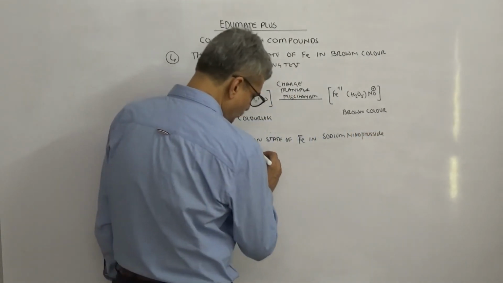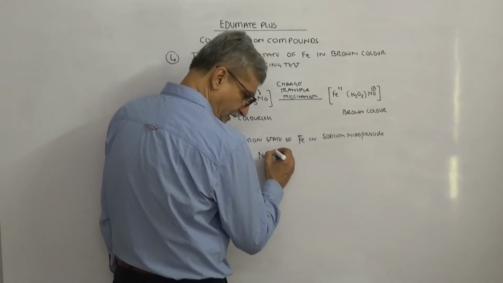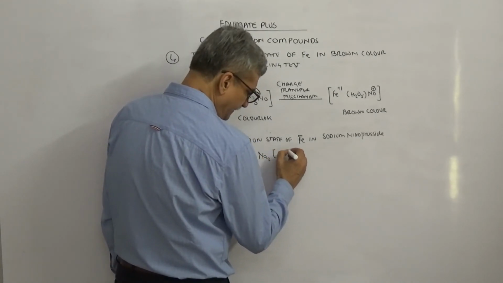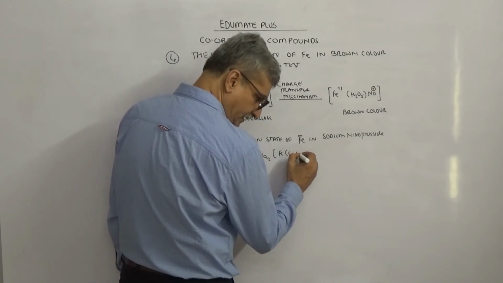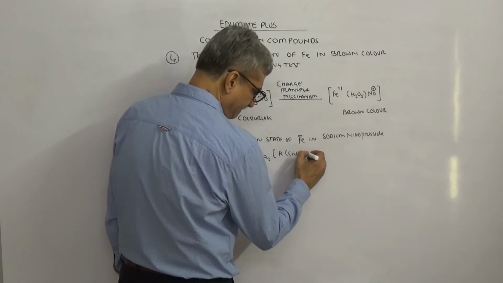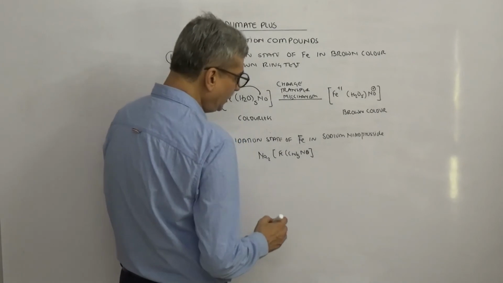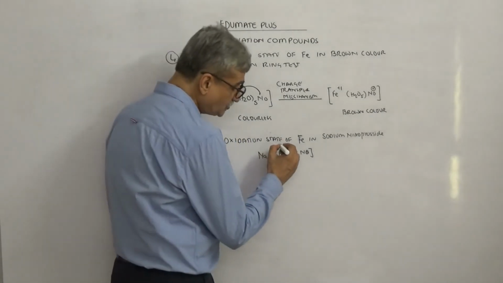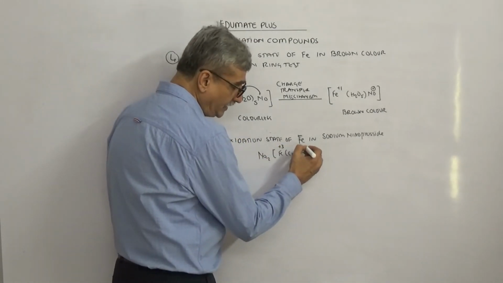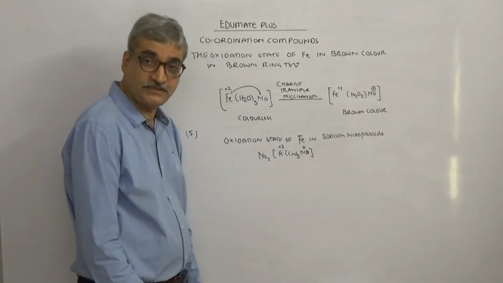Same concept. See, sodium nitroprusside is Na2[Fe(CN)5NO]. So here Fe is plus 3 and NO is 0.